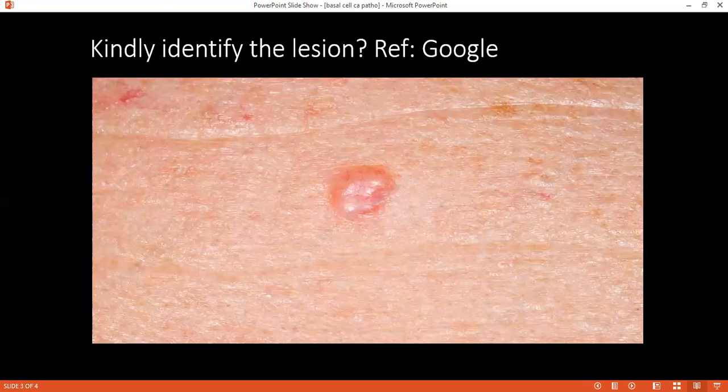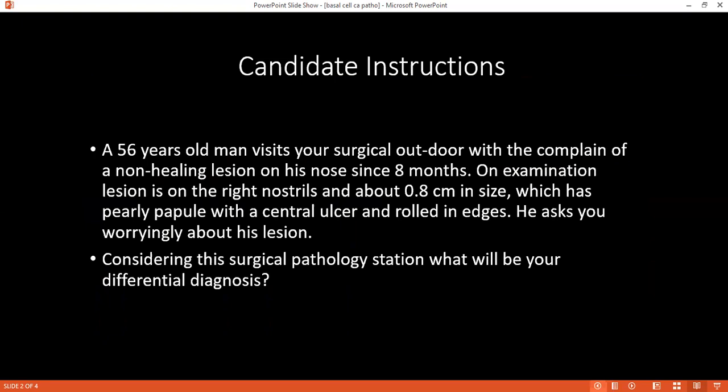Considering that you took the biopsy and it came back confirming basal cell carcinoma, what are the treatment or management options that you can offer to this patient? Treatment options can be surgical, radiotherapy, or maybe topical.